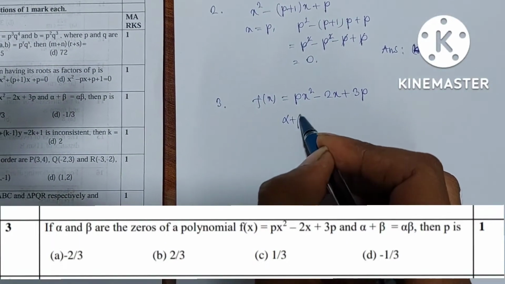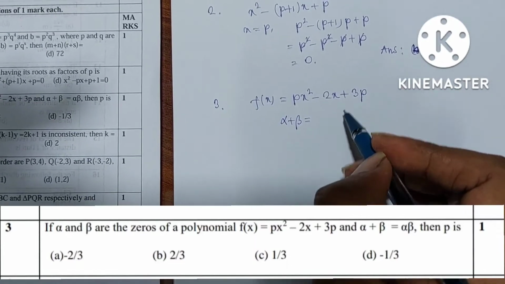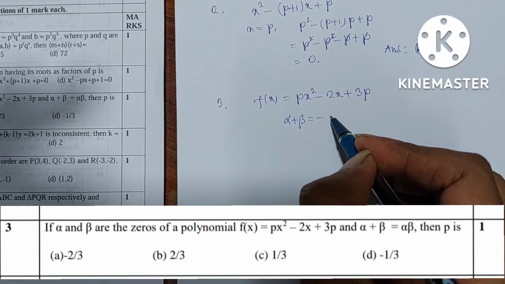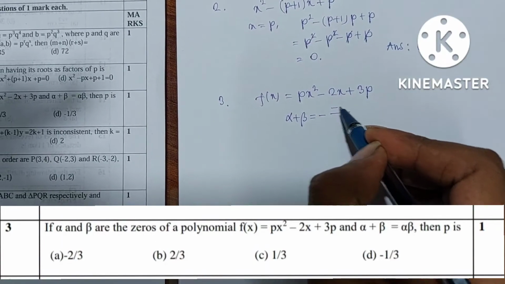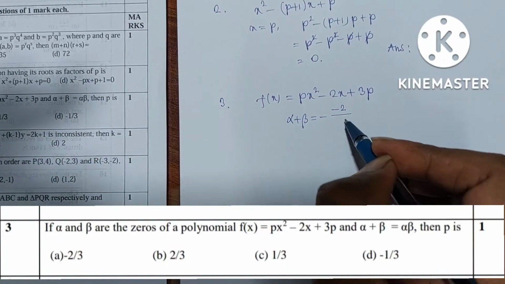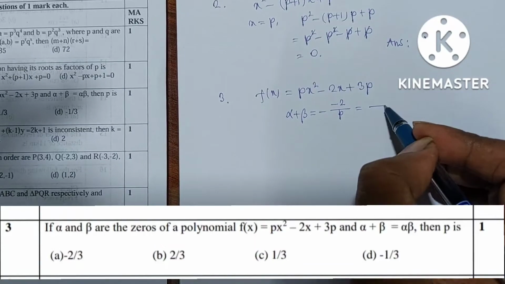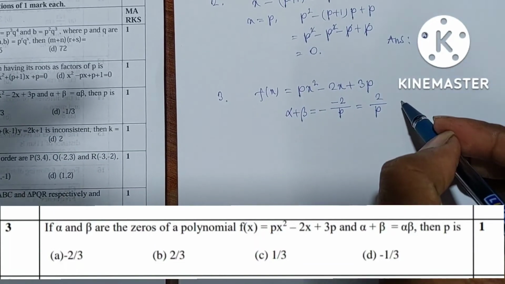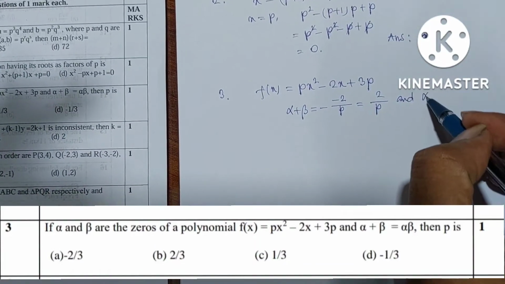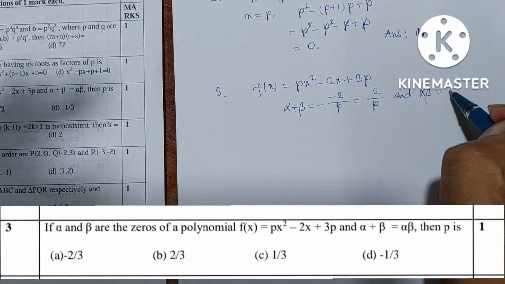Therefore, alpha plus beta equals minus b by a, so here it is minus of minus 2 by p, that is 2 by p, and alpha beta equals c by a.